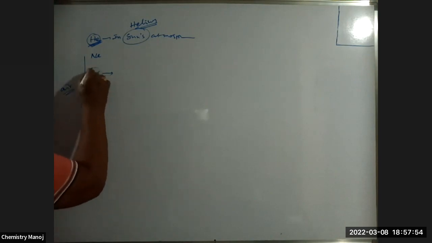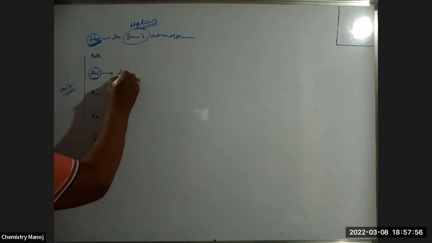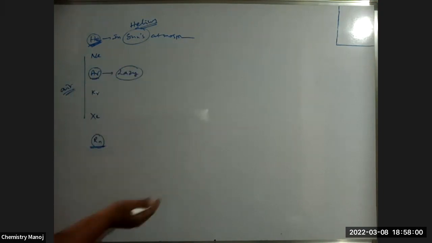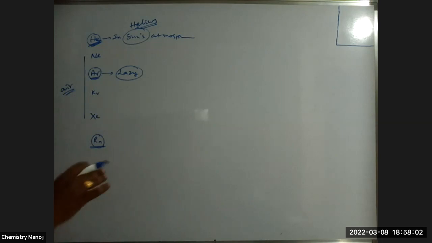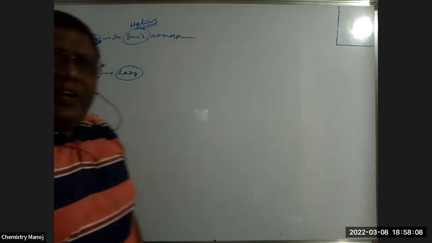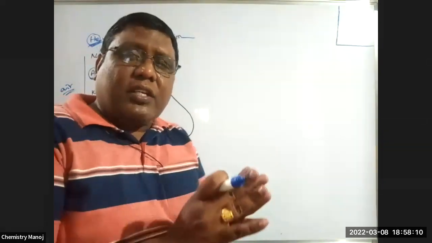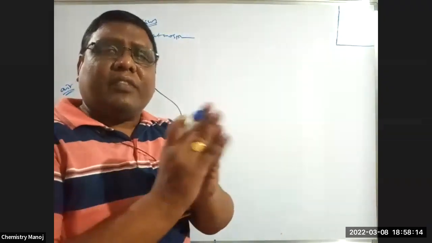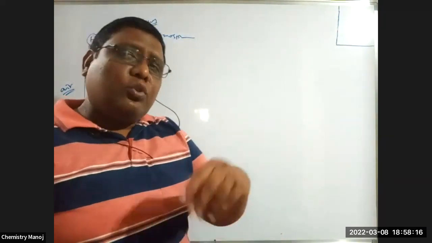Because it has an almost non-reactive tendency, it is a lazy element. The Greek word for lazy gives argon, which means laziness. Argon was identified first, and later it was found that argon is a combination of three elements.